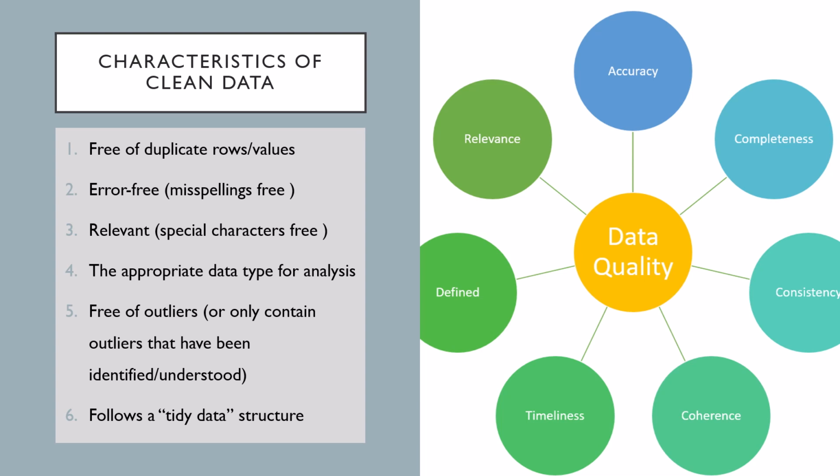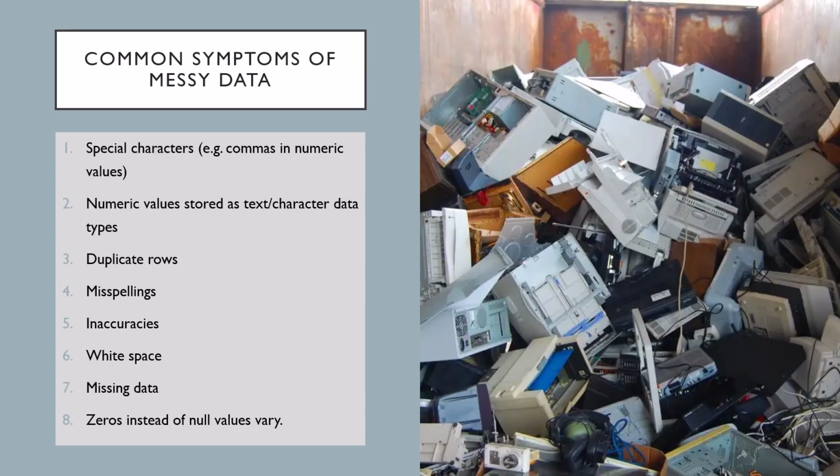For example, if you want to carry out a logistic regression, you have to make sure that your data is categorical in nature, and it has to be free of outliers, or only contain outliers that have been identified or understood. It should follow a tidy data structure. So these are some of the qualities of data: relevance, accuracy, completeness, consistency, coherence, timeliness.